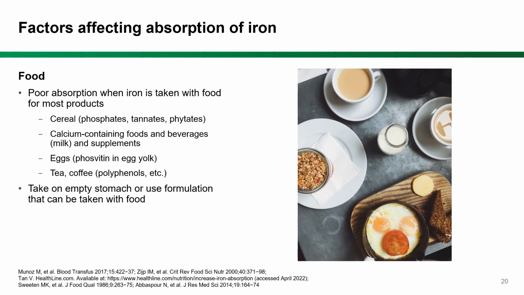So for instance, if a patient is taking an iron supplement with a typical continental type breakfast containing cereal and bread, or calcium containing foods such as milk or calcium supplements, maybe with eggs, tea and coffee, all of those will decrease iron absorption significantly. So it's important to know whether the iron that you prescribe to your patient should be taken on an empty stomach or whether the formulation can actually be taken with food, and there are examples of both.